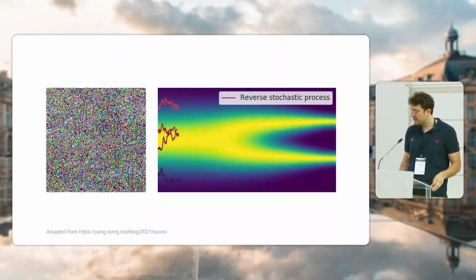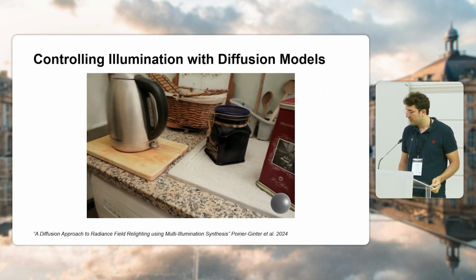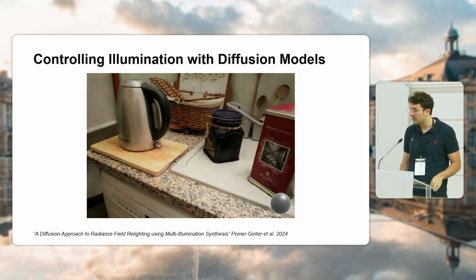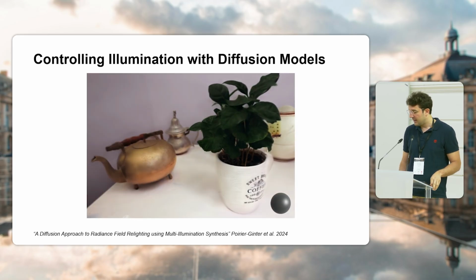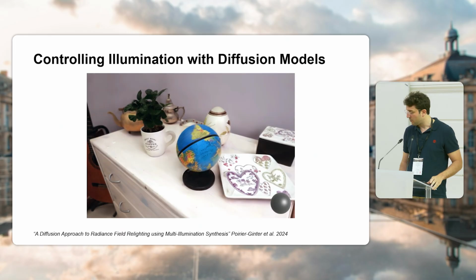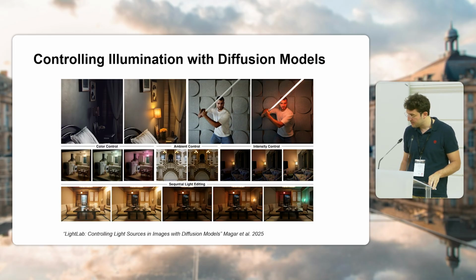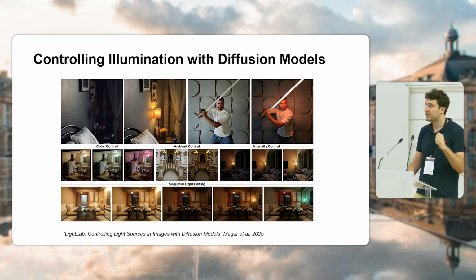Based on these diffusion models, some works like this one by Poirier-Ginter and colleagues, where they fine-tune the model on a multi-illumination dataset, enable relighting of images and also radiance fields like this one. Another illustrative example is LightLab, which can take an image and edit it to turn on and off the lights present in it.